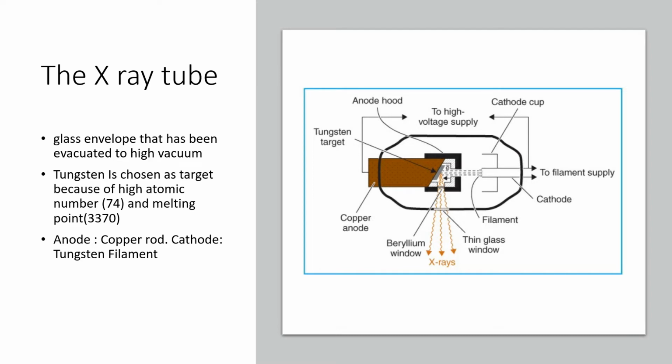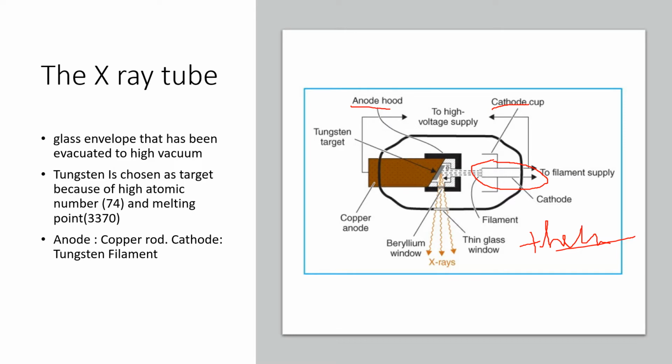Now here are two ends, cathode and anode. The cathode is made up of a tungsten filament. When this tungsten filament is heated up, the electrons are released in a process called thermionic emission. Okay, and these electrons move forward in the direction of the anode.